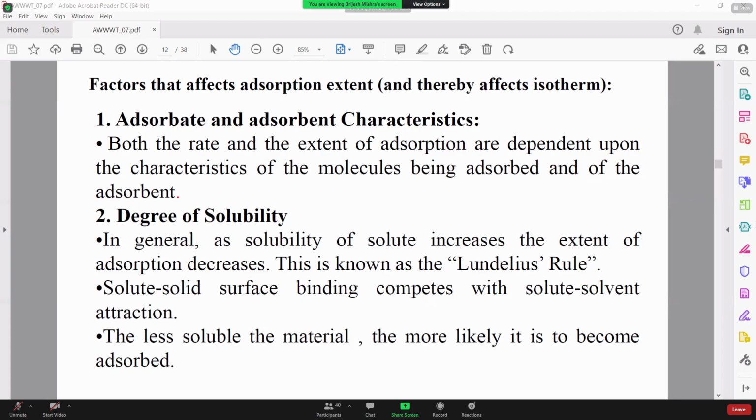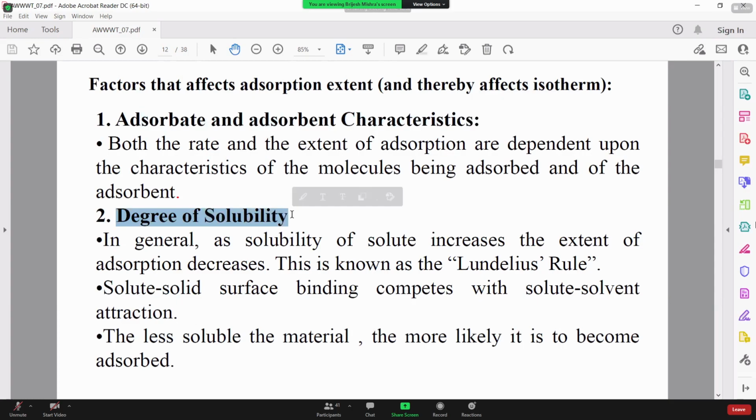At a constant temperature, we are able to establish the relation between adsorbate and adsorbent. Simply, the efficiency of adsorbent at a constant temperature. Yeah, right. So adsorbate and adsorbent characteristics. Next is degree of solubility.